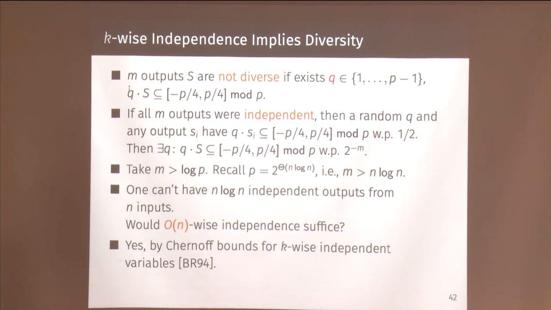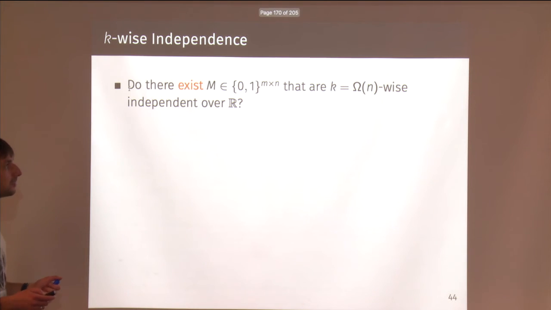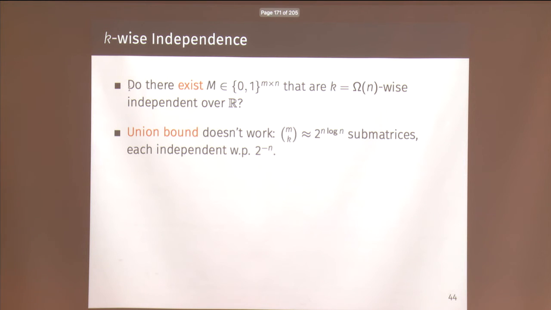But do such matrices even exist? Let's talk about this. I need to find a k-wise independent matrix of size n cubed by n with zeros and ones. So first of all, if I want to prove they exist, I would like to say, okay, I take union bound over all k by n submatrices.